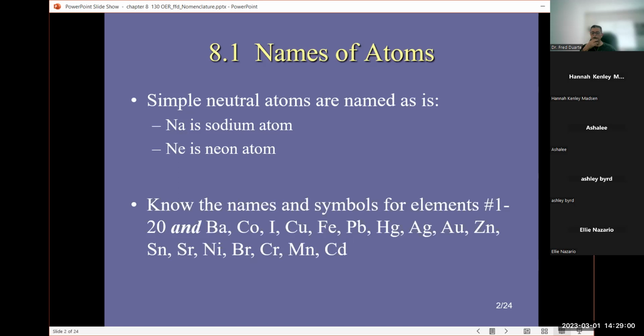Strontium, nickel, bromine, chrome, manganese, which sometimes gets confused with Mg for magnesium. So manganese and magnesium, and then Cd, cadmium. It's the same with silver and gold. The two sometimes get mixed up. Silver is Ag, gold being Au.